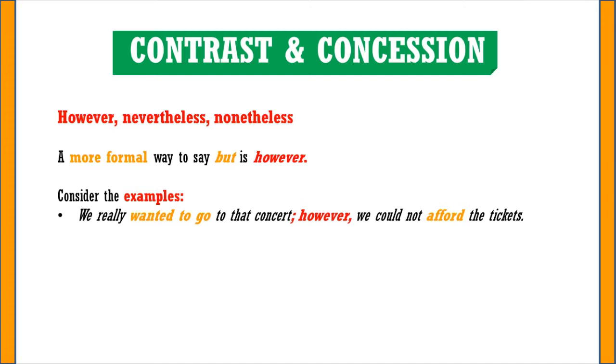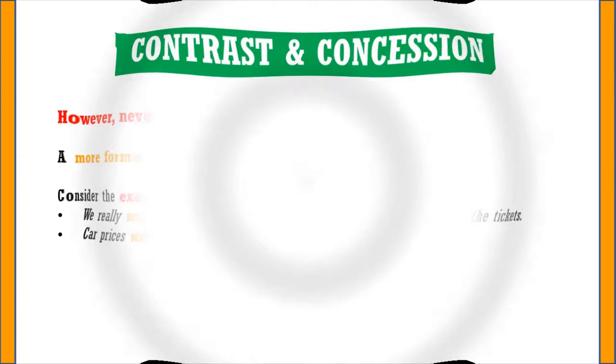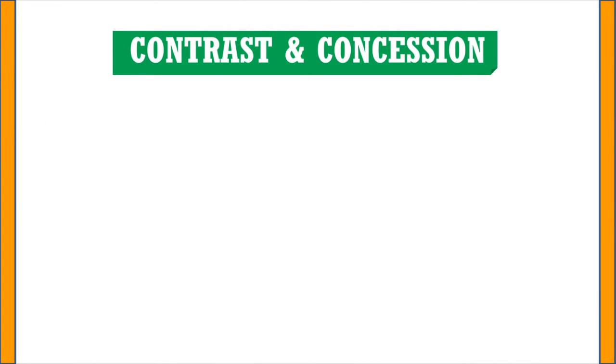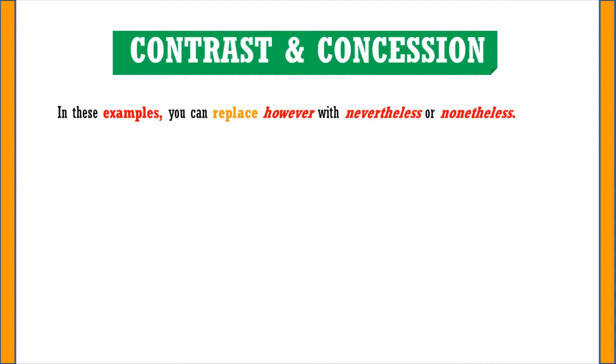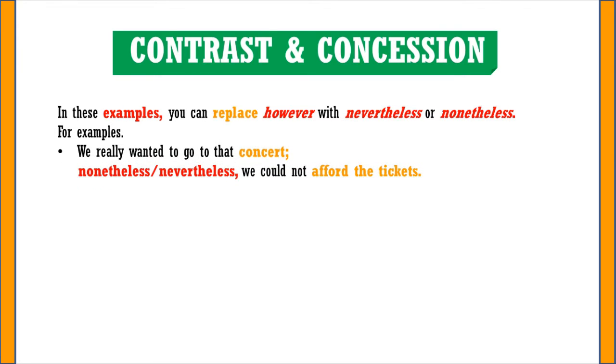Now, take a look at another example of the same kind. Car prices went up fast. However, motorcycle prices are still the same. I hope you have understood how to use but and however in sentences. Furthermore, you can also replace however with nevertheless or nonetheless. For example, we really wanted to go to that concert.